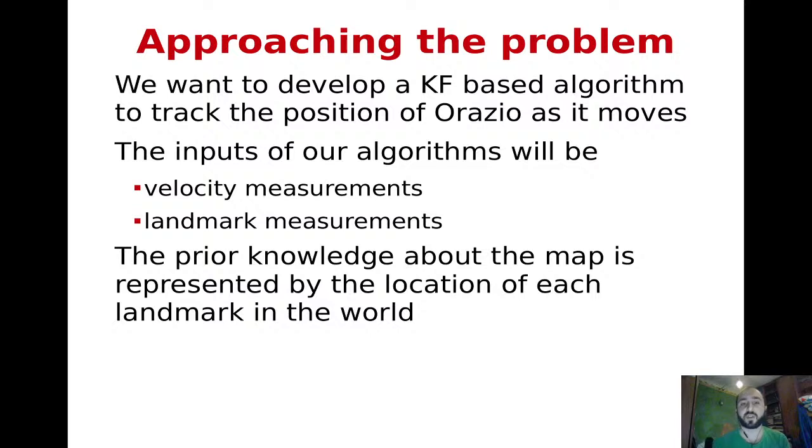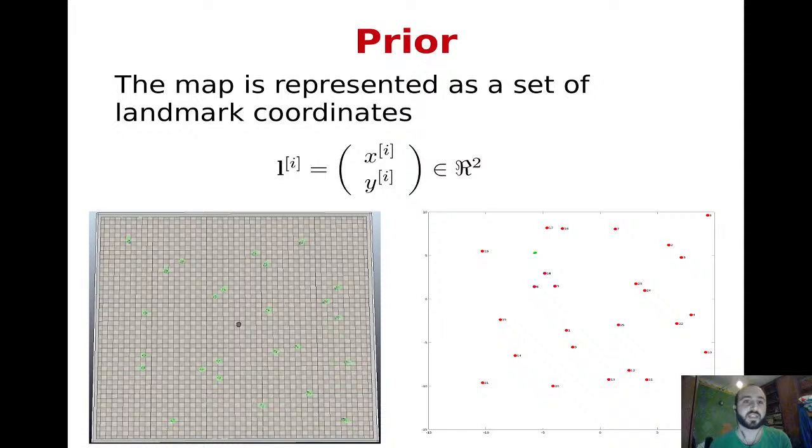And as prior knowledge, we have the map, which is constituted by 2D points. So again, that's R2, really, really easy. That's our prior knowledge. The structure that you see here is what you will see also in the code. Each of these points has an integer attached, which identifies this specific point from, I don't know, this other point, whatever.